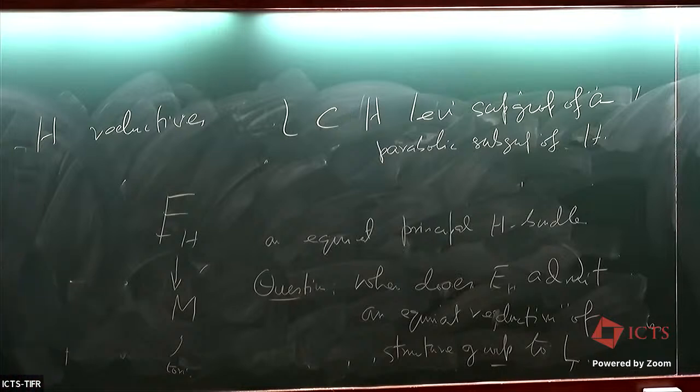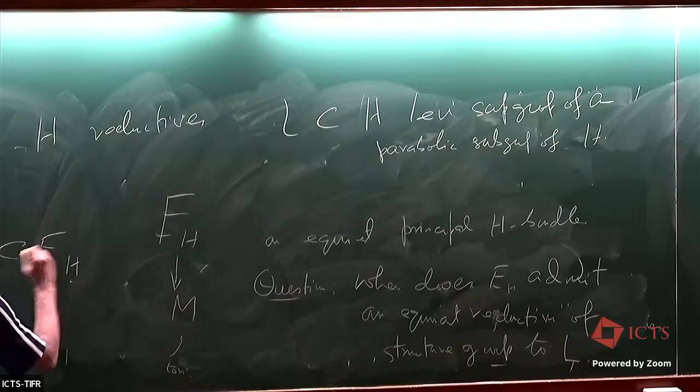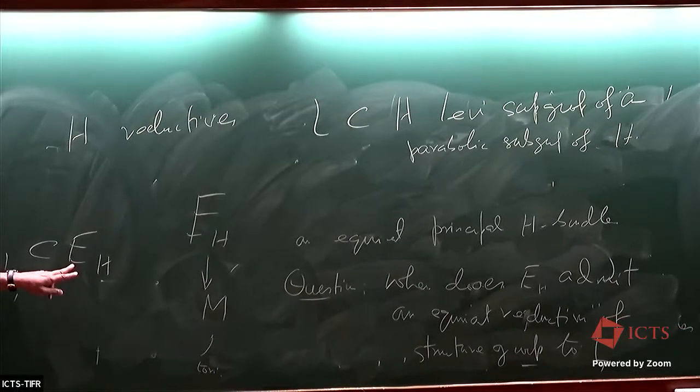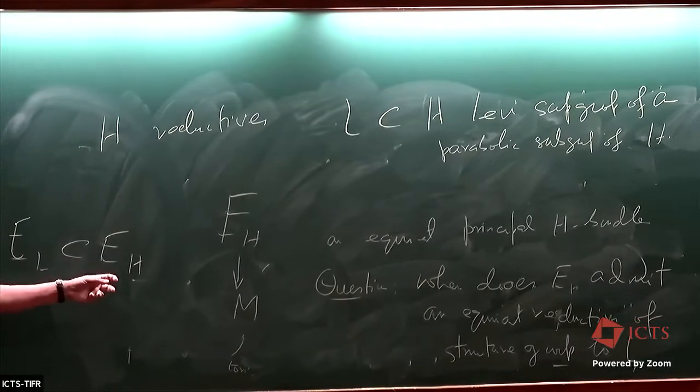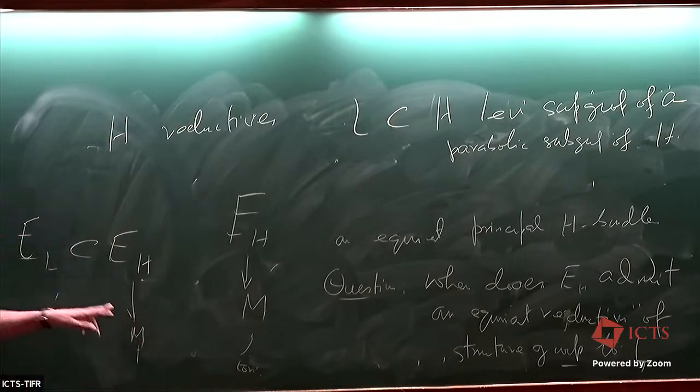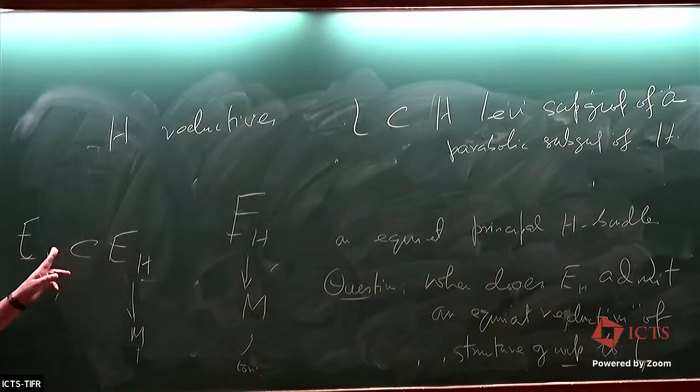Recall, reduction of structure group means I have to produce E_L inside E_H. H acts freely and transitively on the fibers. Now consider the action of L. L is a subgroup.